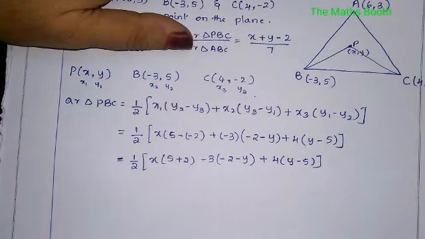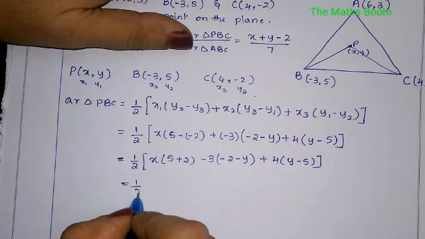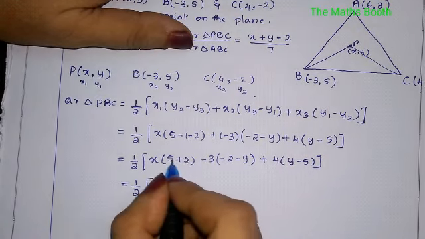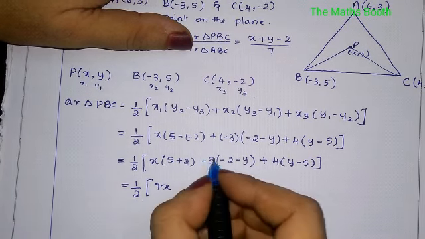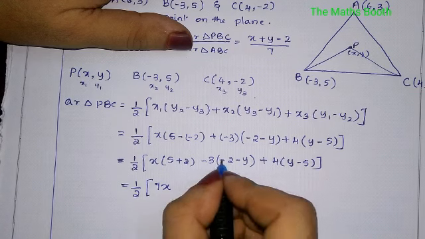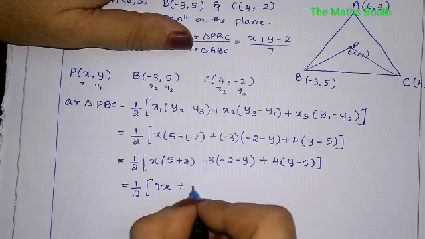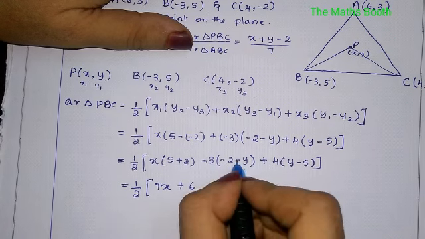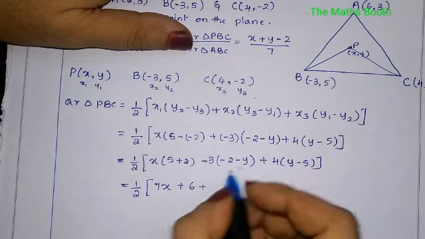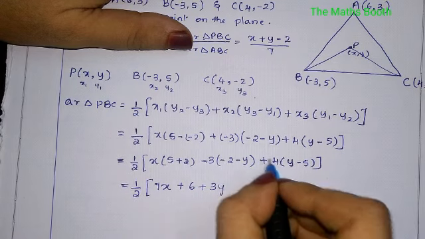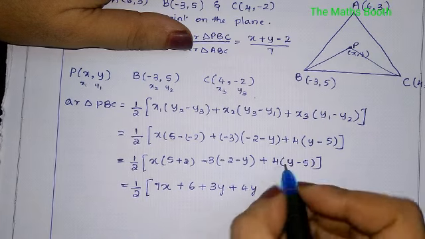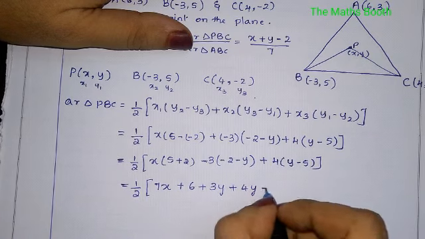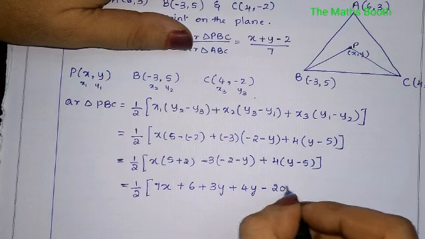Half 7, 5 plus 2 is 7, 7 into x is 7x, minus plus 3 twos are 6, minus plus 3 into y is 3y, plus 4 into y is 4y, plus minus 4 fives are 20.